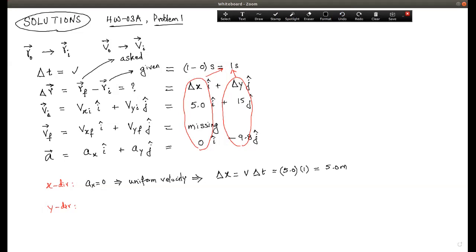What about the y direction? It has an acceleration of minus 9.8, so that's uniform acceleration.